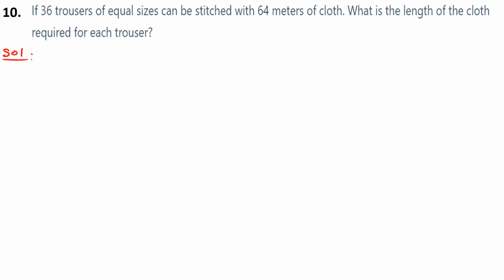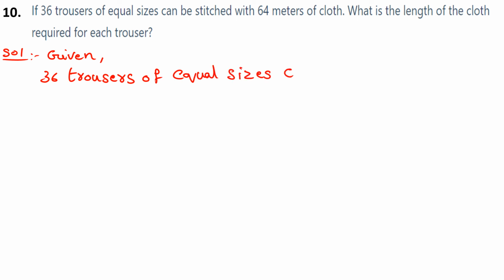So given, 36 trousers of equal sizes can be stitched with 64 meters of cloth, right?